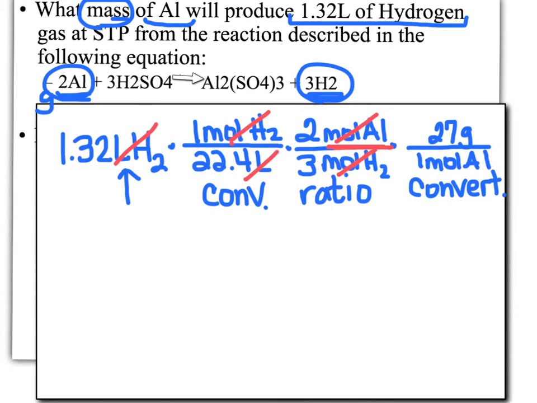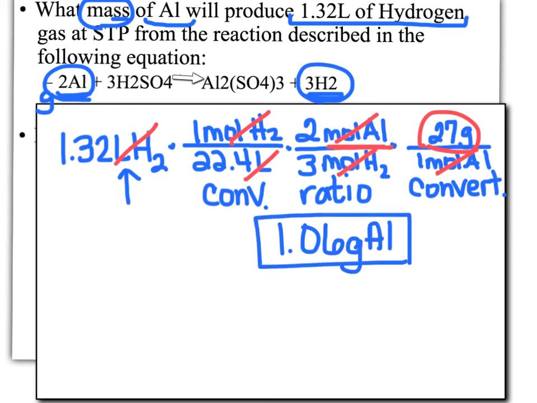And finally, we went from moles of aluminum to grams of aluminum. We're going to start with 1.32, divide by 22.4, multiply by 2, divide by 3, and multiply by 27. And when we do that, we get 1.06 grams of aluminum, and that would be our answer.